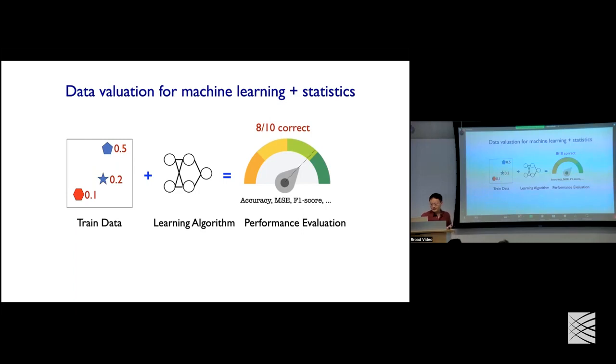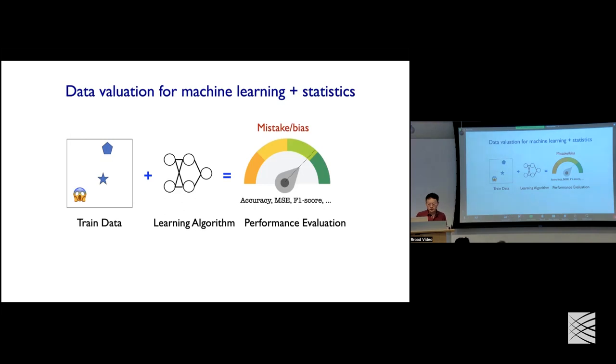And similarly, if my model exhibits some mistakes or biases, I would like to know that this is the kind of data, maybe because it's misannotated, that's contributing to that mistake. If I can do this end-to-end, going back from the result to the individual training data, then I can make the whole system much more transparent and easier to debug. So how to do this attribution is the problem that we call data evaluation.